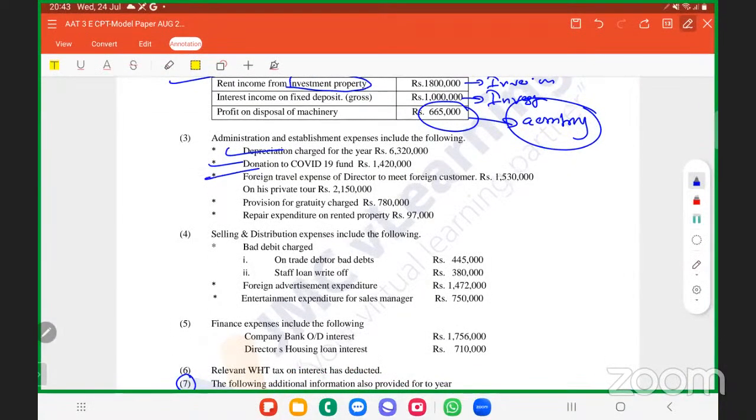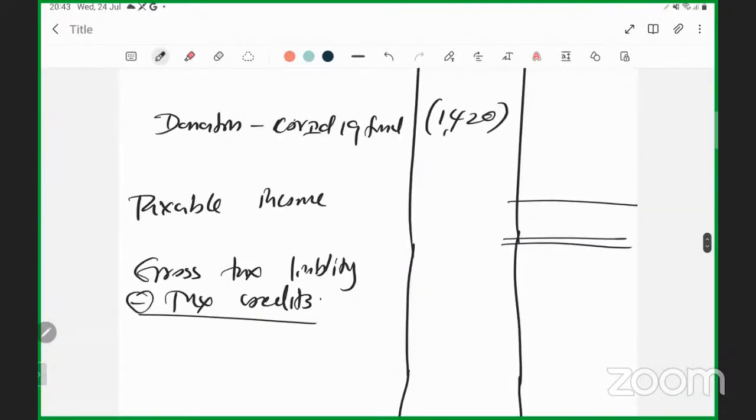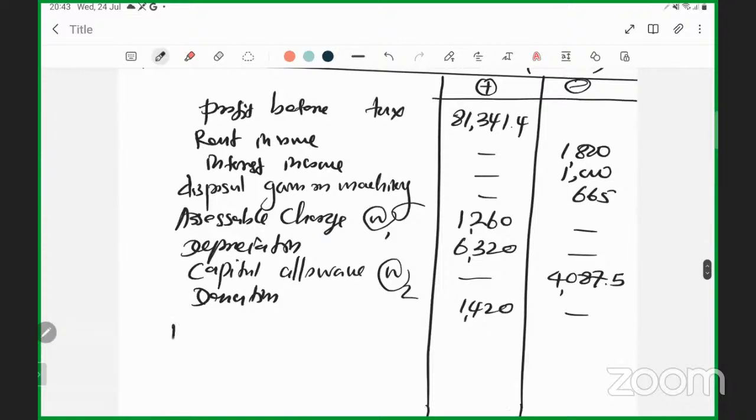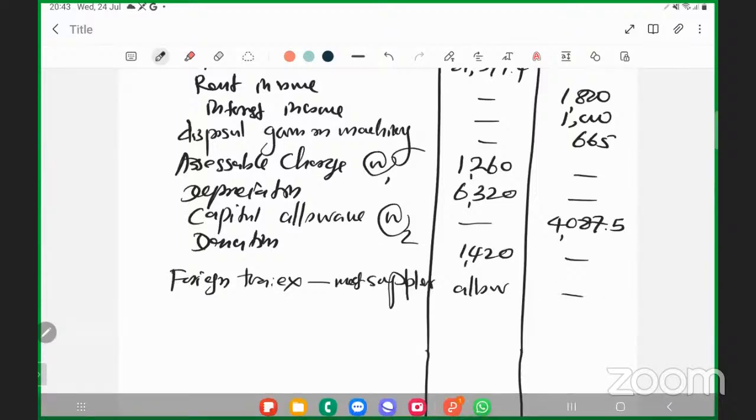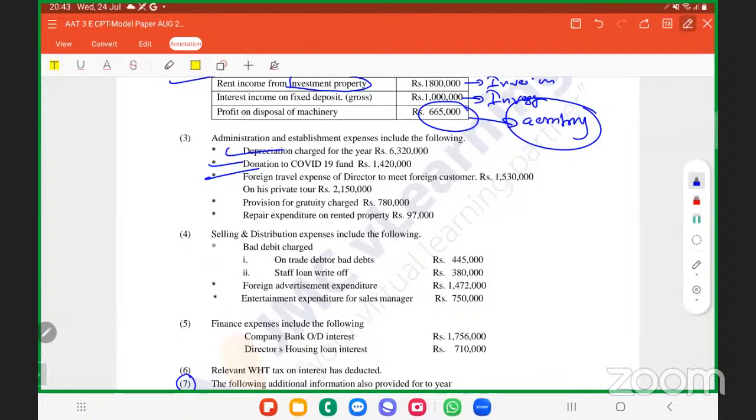The foreign traveling expenses of directors under the business income. Under that, meet supplier, that is allowed. That is allowed, because not supplier, customers.